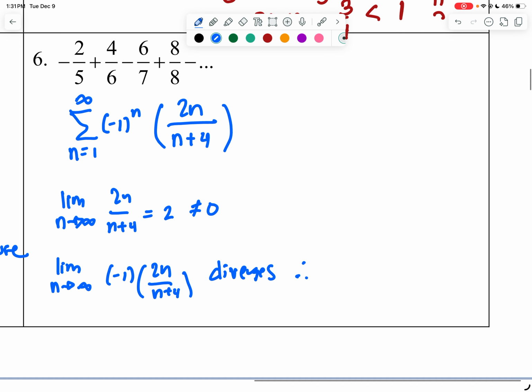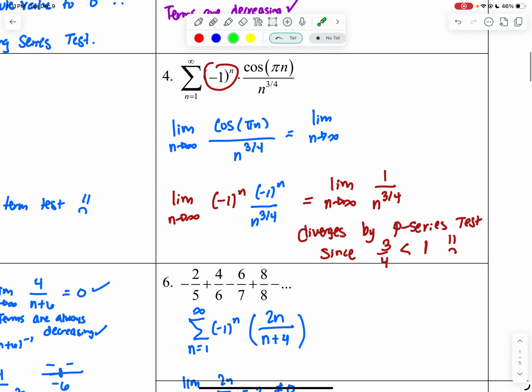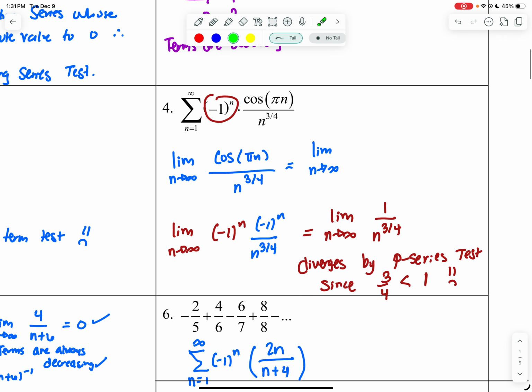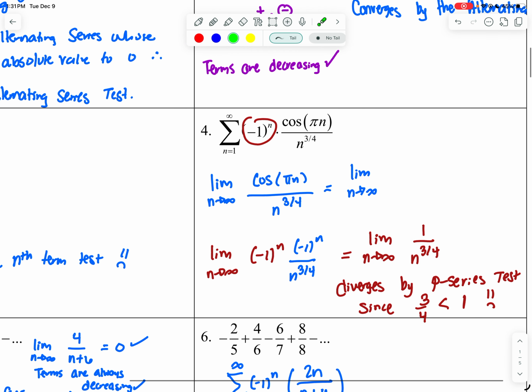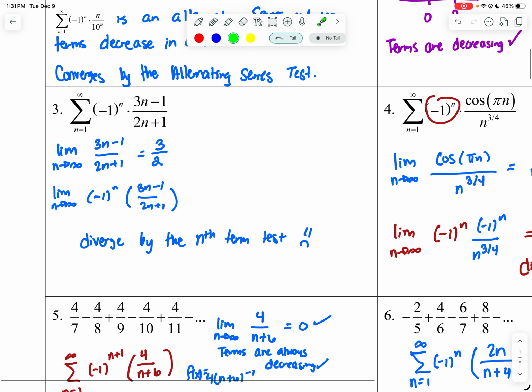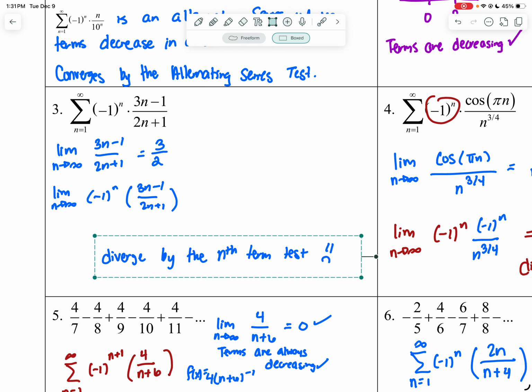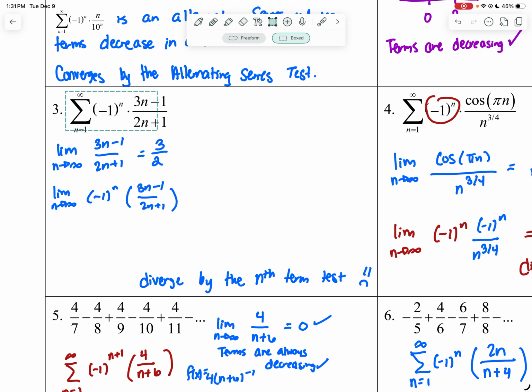therefore, we know that the limit diverges, right? Now, you still have to tell me that the series diverges. So you can't just say that the limit diverges and call it a day. Hopefully I didn't do that for the other one. Oh, I did. Oops. I forgot to mention. You want to make sure that you specifically tell me that the series and not the limit diverges, because the question is talking about the series.